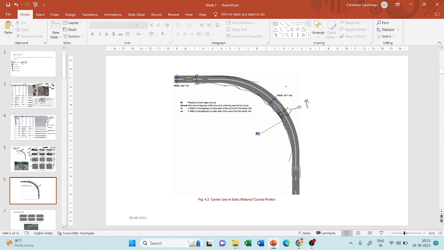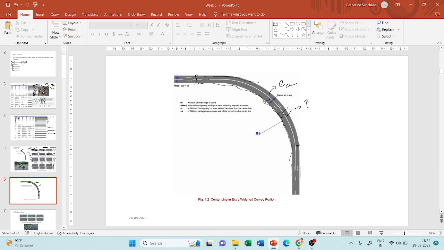Now in such a case, you will not provide the center line along the center of the carriageway. You will provide it such that the outer lane will have the same width. They are calling it EA, and the width of the outer lane is maintained, whereas the inner lane will have an increased width.